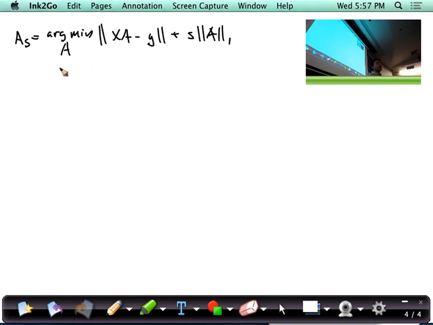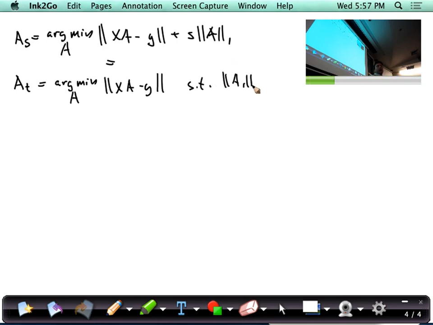So it turns out that there's an equivalent formulation where I can say find a A_T, which is the arg min of the norm of X A minus Y, such that the one norm of A is less than or equal to some value T. Okay, so this is different.